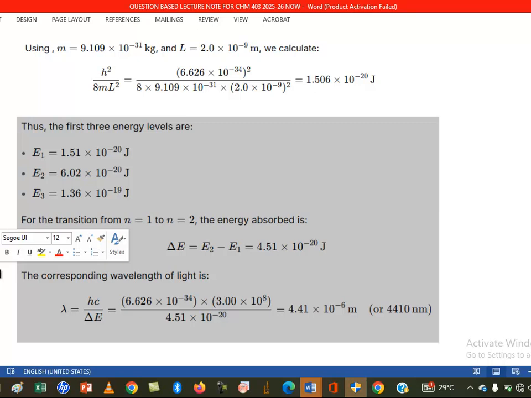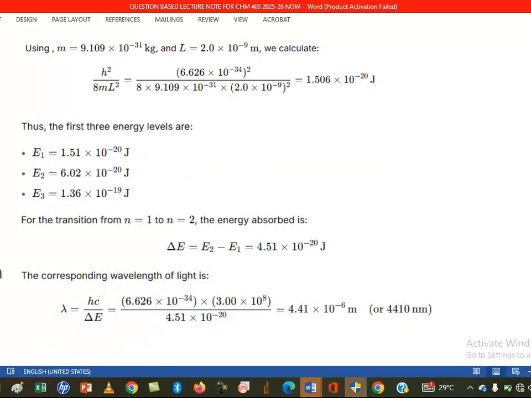Now the corresponding wavelength, remember delta E is equal to hf, right? That's frequency, and frequency is c over lambda. And when you make lambda the subject of the formula, you get this equation, right? You can see it there.